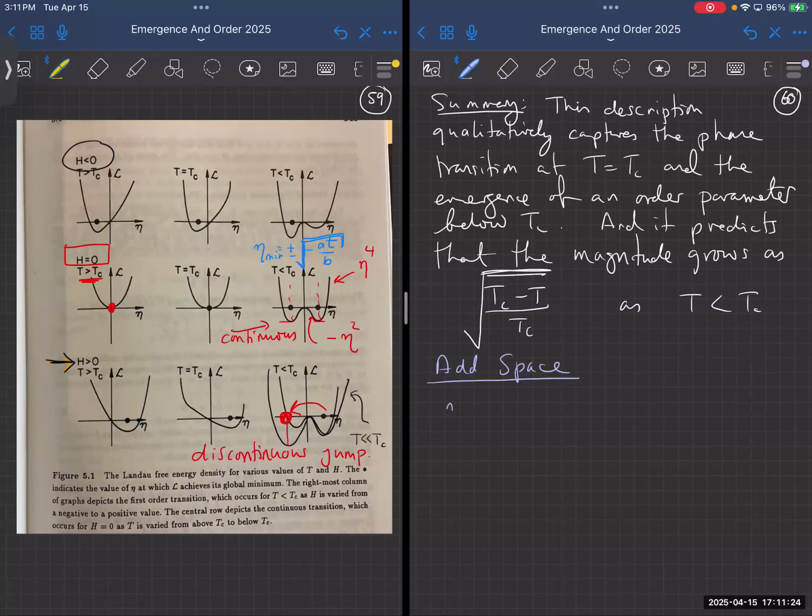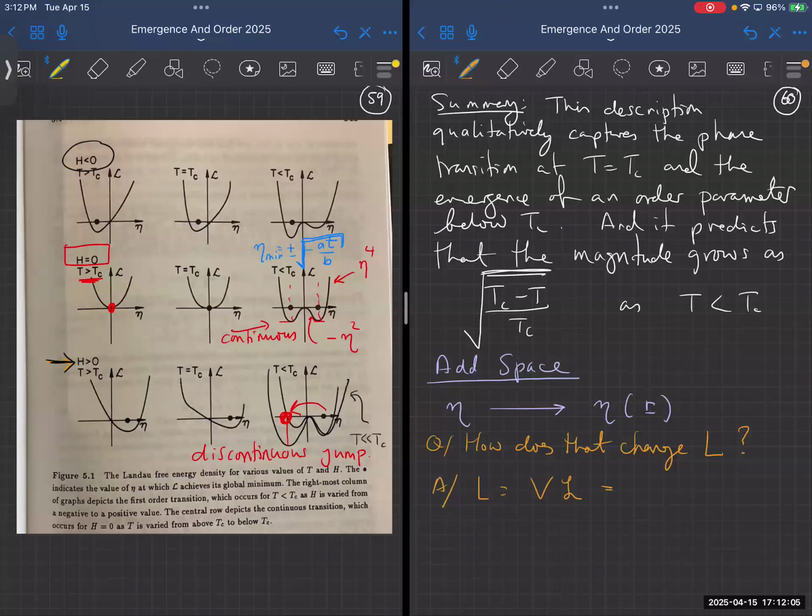So up to now, we pretended we had an order parameter that was just a constant number, independent of space. And now we're going to say that this eta is literally going to be an eta that depends upon space. So what do we need to do for L? Before, L was just the volume of the system times our Landau free energy density.